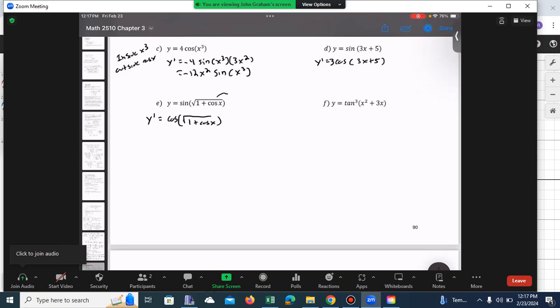Remember, this is the same as 1 plus cosine x to the 1/2 power. So we'll have 1/2 come down, and this would drop to a negative half power. Then the inside of this is just going to be a negative sine x. So now we can kind of put all this together.